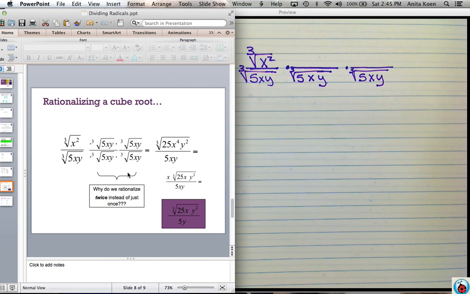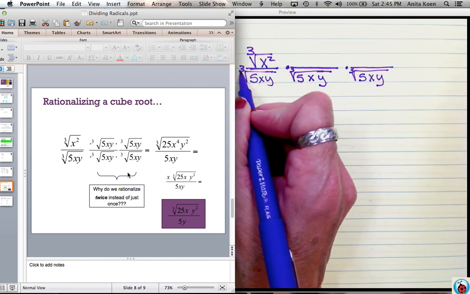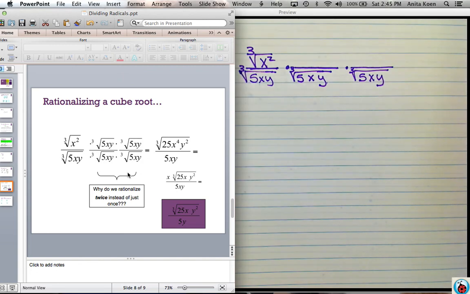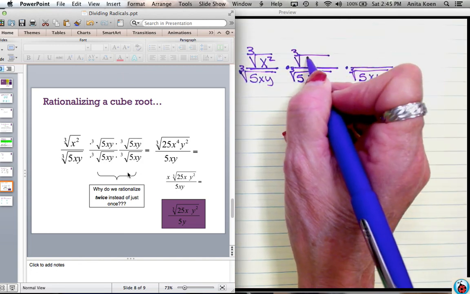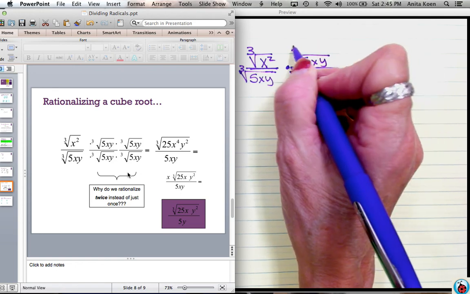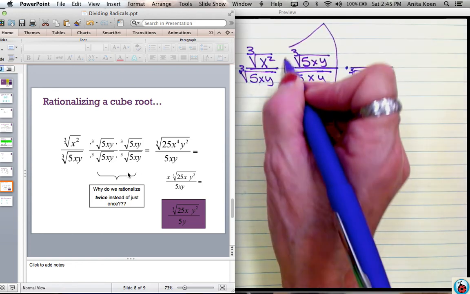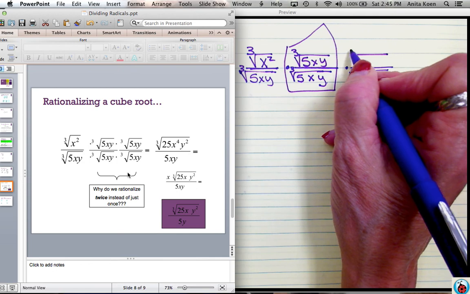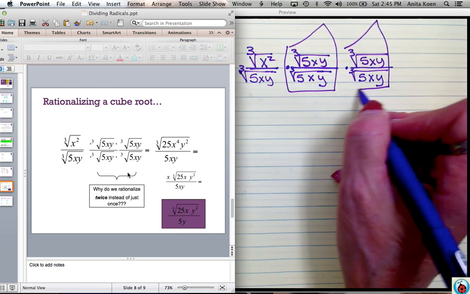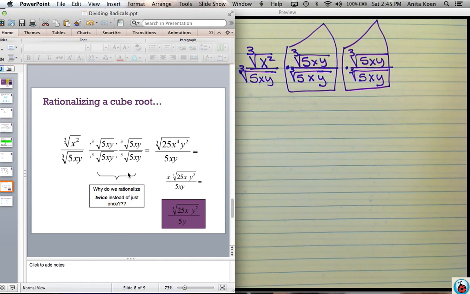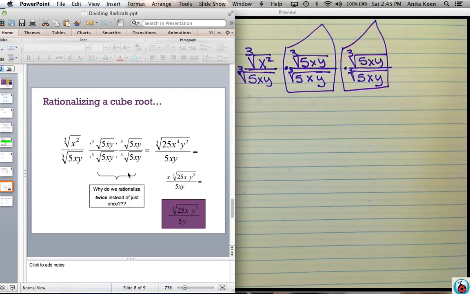So I have to get 3 5s, 3 x's, and 3 y's in the bottom. Whatever I do to the bottom, I have to do to the top so that I have that big, ugly number 1. And whatever I do to the bottom, I have to do to the top so that I have another big, ugly number 1. So now I'm multiplying by 1 twice.